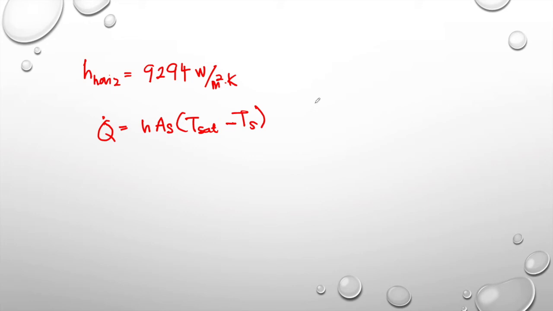So surface area As, we will use pi dl. After substituting, we have pi times d, which is 0.03, times 1 meter.